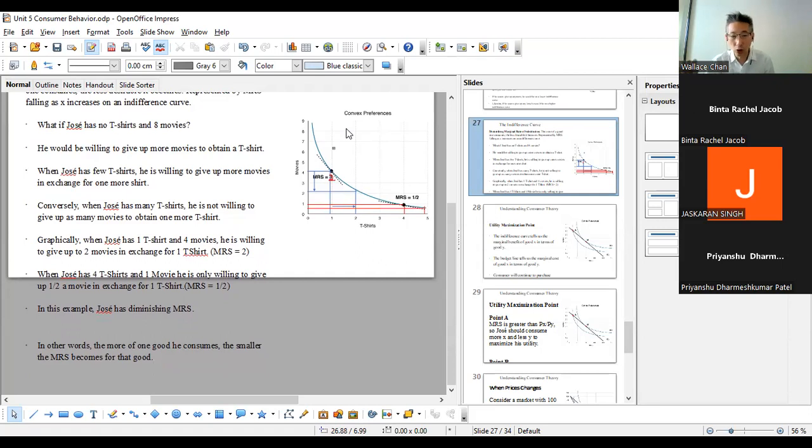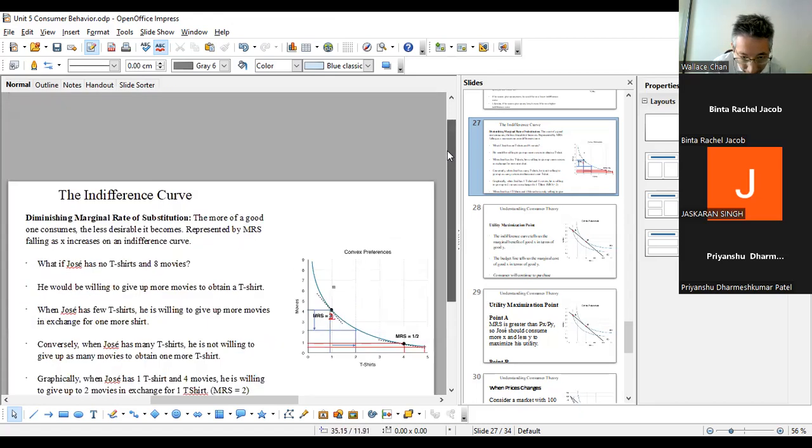So usually rather than having a lot of something and a little of another thing, generally speaking, people tend to have a more balanced combination. Because of that, the curve usually looks like this rather than a straight line.